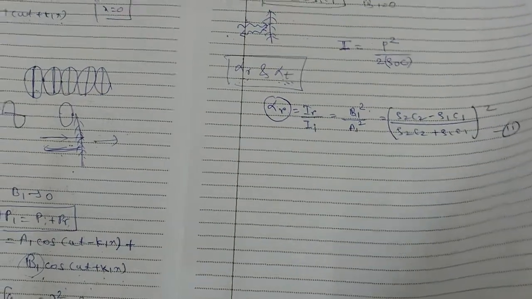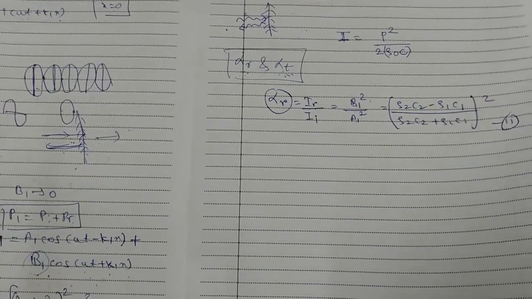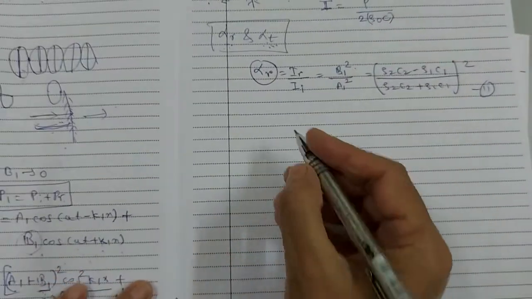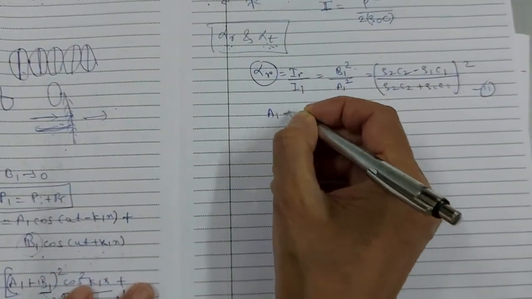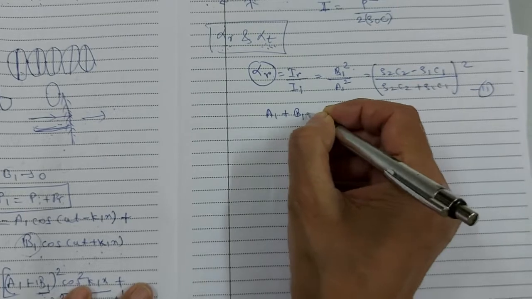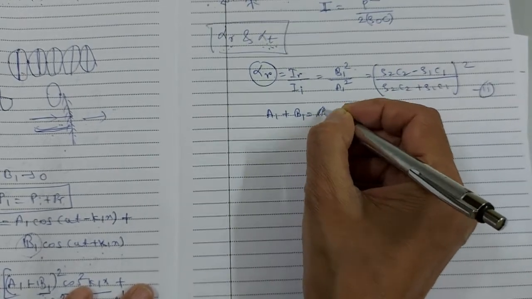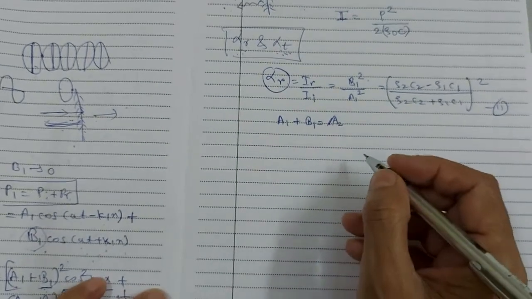Now we'll try and use the earlier equations, which I'll repeat again. The equation I wrote was A1 plus B1 is equal to A2. Check the equation number from your notes; we discussed this earlier already.